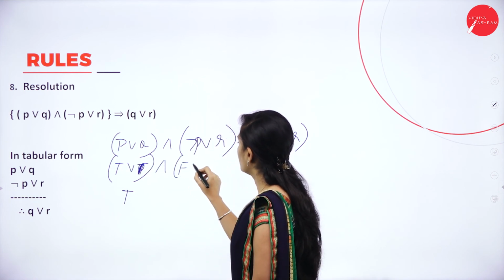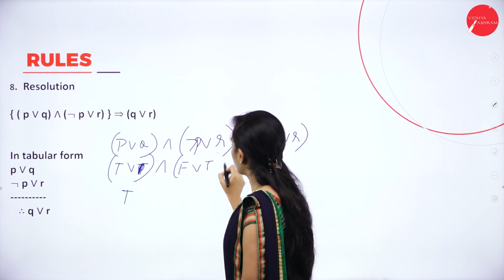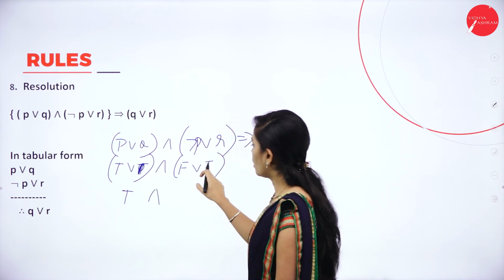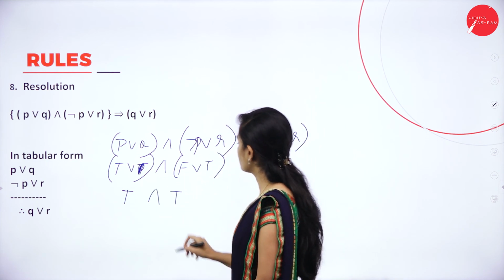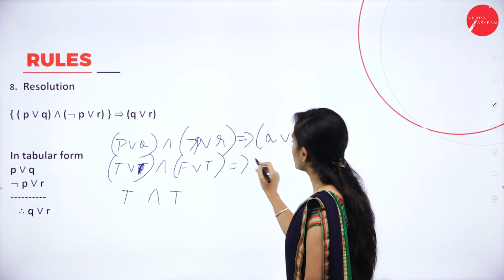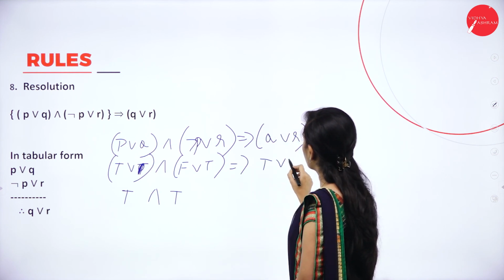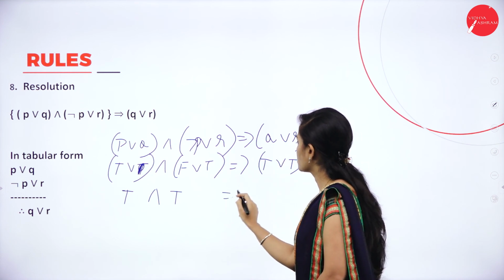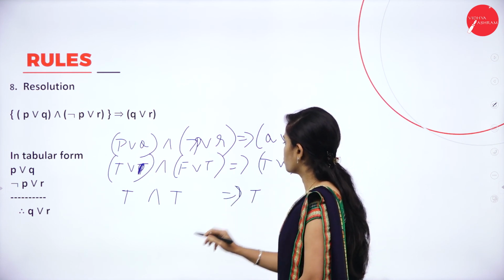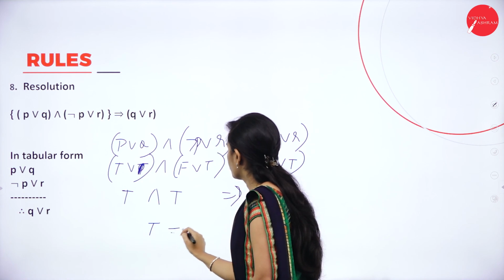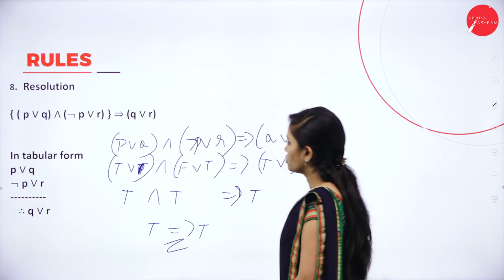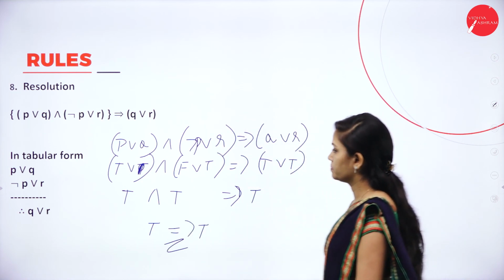It is false, or R is also true. So false or true means it is true. So Q is also true or R is also true. So true or true means it is true. So true and true is also true. Q or R is also true. So this is valid statement.